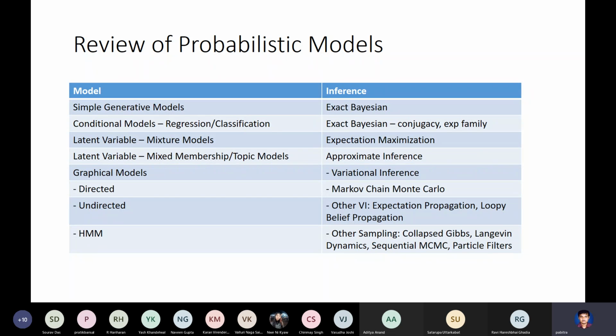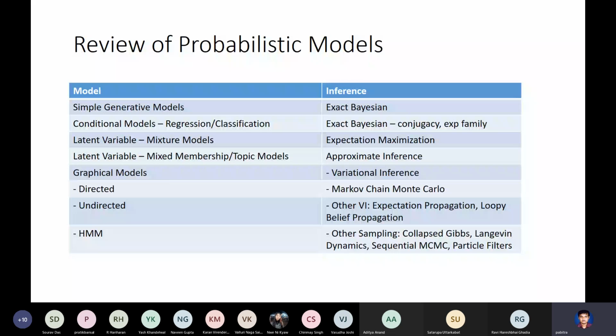Typically, mixture models are examples of latent variable models. In fact, they are one of the simplest latent variable models, where the data comes from a number of clusters, and which cluster a point belongs to, that cluster membership, is unknown. That's called a latent variable.